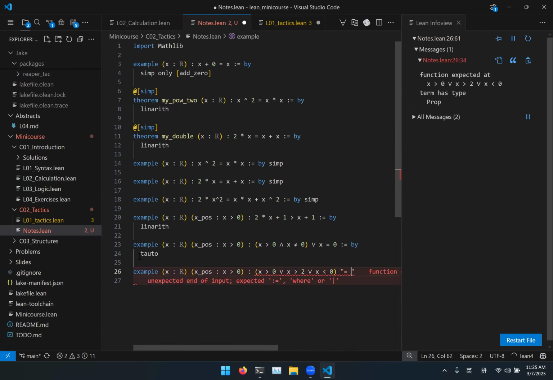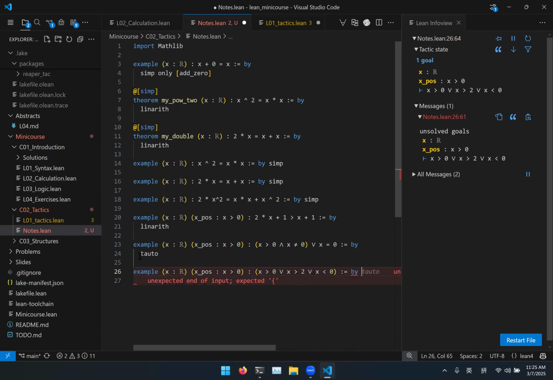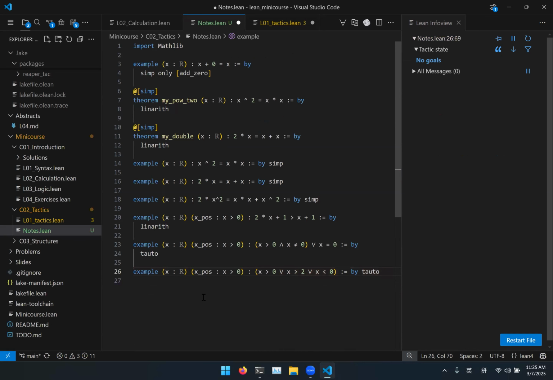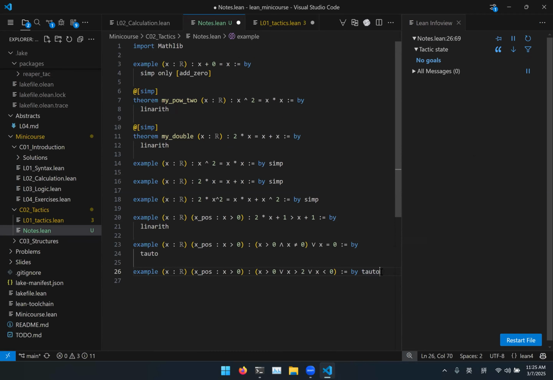And in this way, we can still use tauto to do this. So if you encounter this, especially when you deal with finite cases, for example, when you want to enumerate many elements in a finite set, eventually you will get so many justifications connected by logic connectors. And in this case, you can use tauto to solve it very fast.